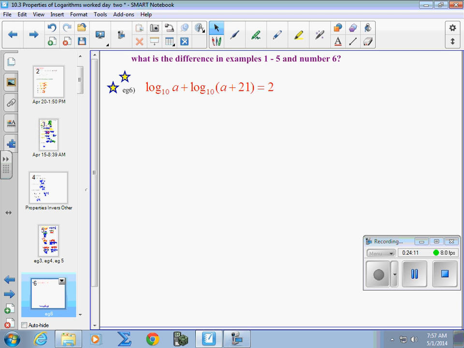The first thing we want to do is to rewrite the left-hand side as a single logarithm. So plus means to multiply. So we have log base 10 of a times a plus 21 is equal to 2.